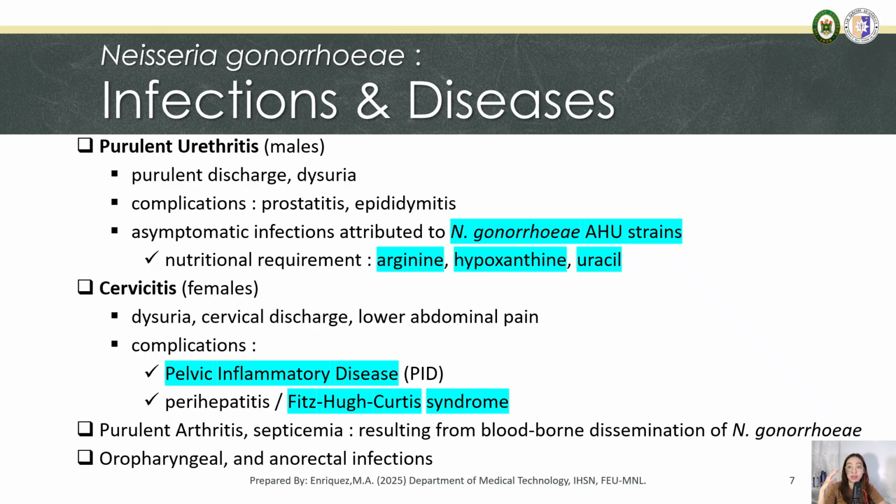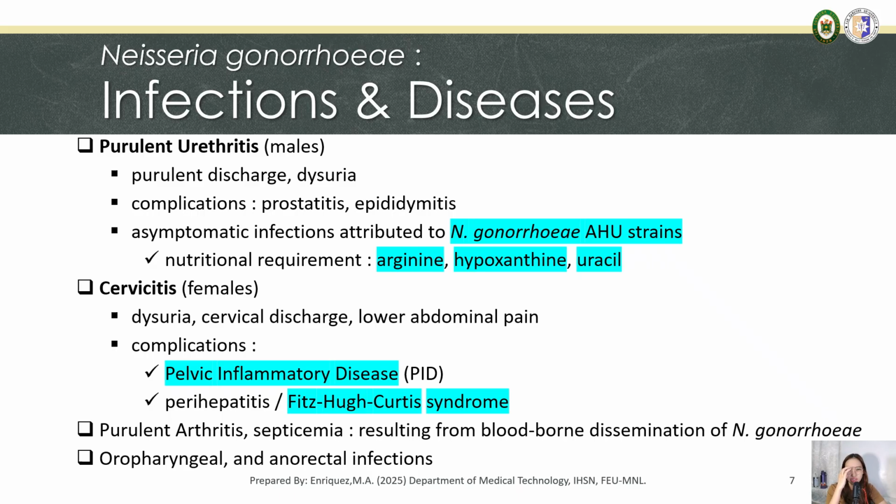Basically, pataas lang po ng pataas yung spread ng infection. Simula sa urethra, papunta dun sa female reproductive organs at the pelvis and aangat hanggang sa andun na nga po sa liver capsule. All right, so that's for the Fitzhugh-Curtis syndrome. It's spread of the infection up to the liver capsule.